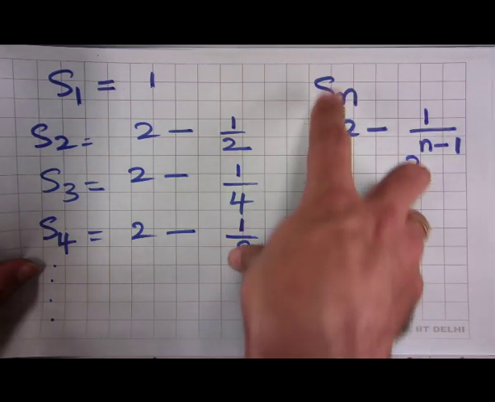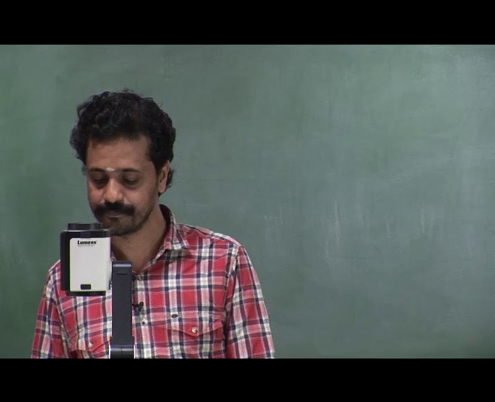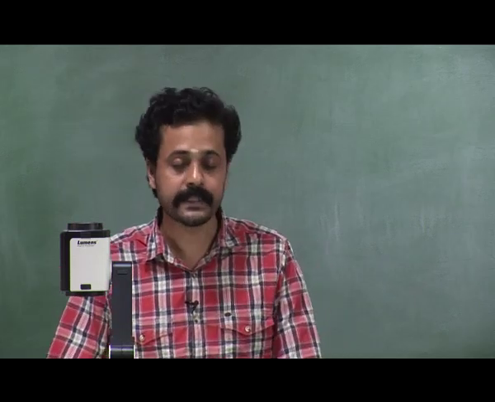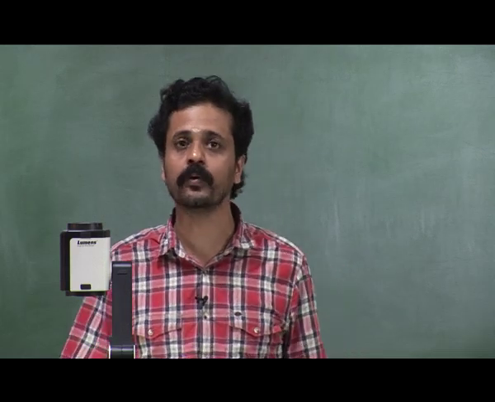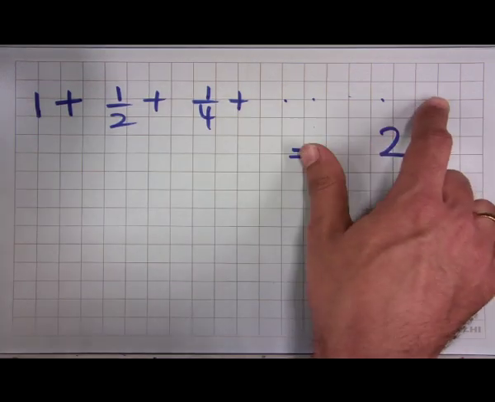Since we could write Sn in terms of n, we could observe what happens to Sn as n becomes larger and larger. And we could see that as n becomes larger and larger, the terms of the sequence of partial sums come close to 2, and that too is treated as the sum of this infinite series.